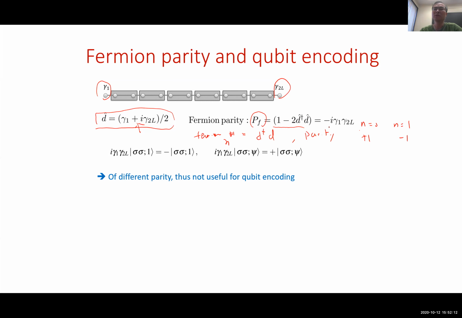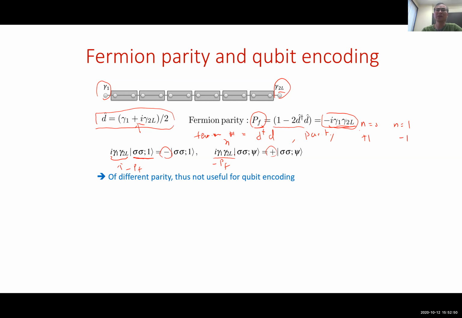And if you do the calculation, this is proportional to gamma 1 times gamma 2L, basically the product of the two gammas. And in this case, where they both fuse to vacuum, parity is plus 1. So therefore, i times gamma 1 times gamma 2L acting on this should give a minus sign. Okay. And this will be the plus sign. So this is the negative of the minus Pf. This minus Pf.